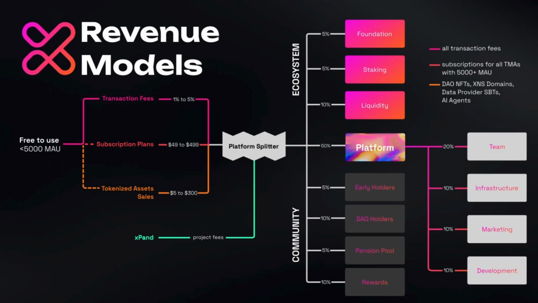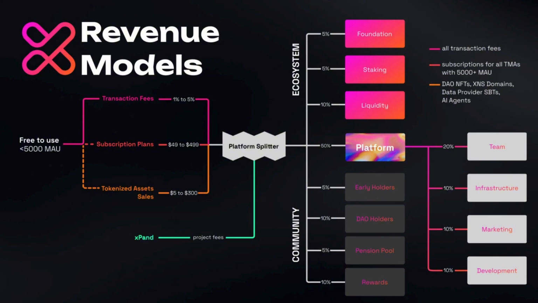For example, when a creator sells an NFT on the flagship marketplace, the transaction fee generates revenue, part of which goes to the stakers and DAO holders. And when a builder deploys a mini app, it attracts more users, increases marketplace activity, and benefits creators.